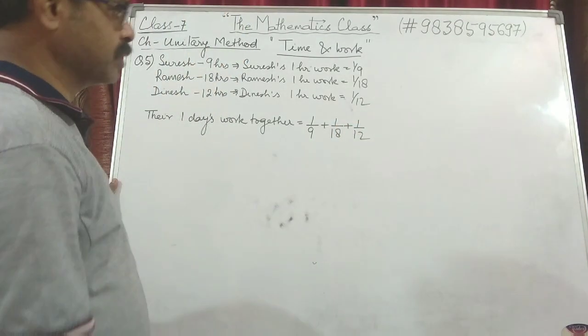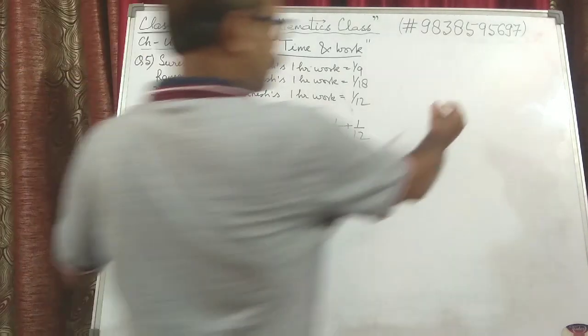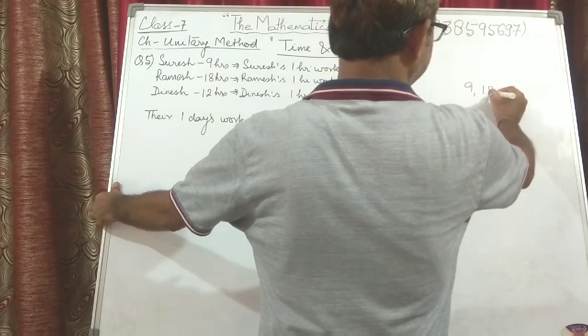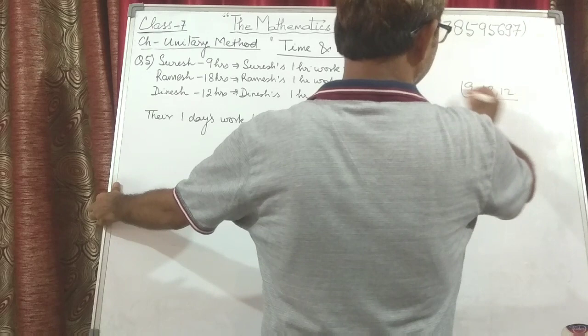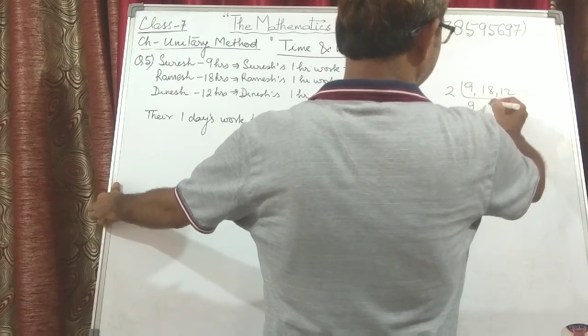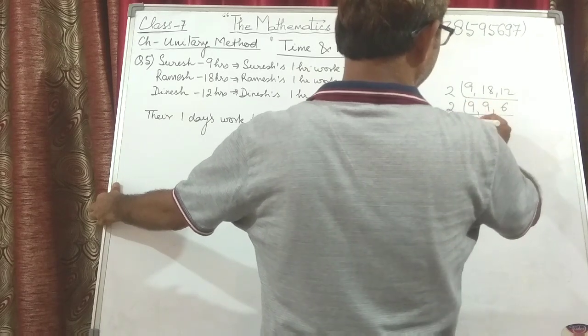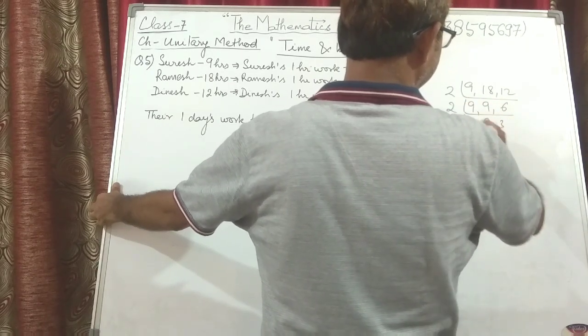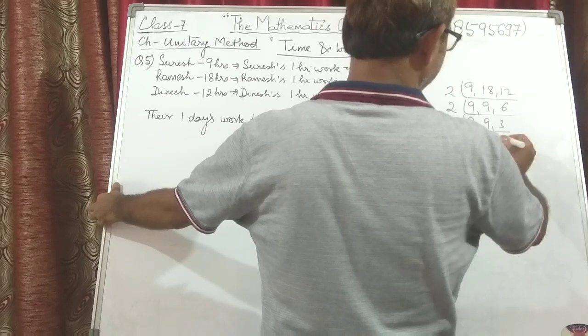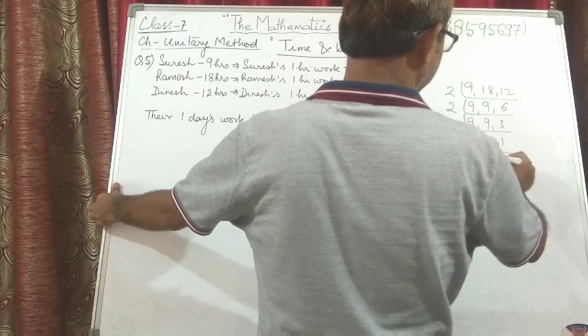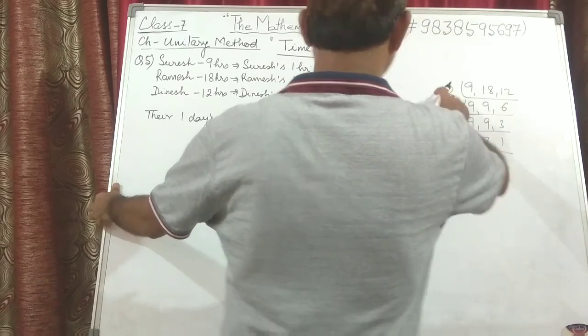Let's see what is the LCM of 9, 18 and 12. Dividing by 2, by 2, by 3 and by 3, we have 2 times 2 times 3 times 3, which is 36.